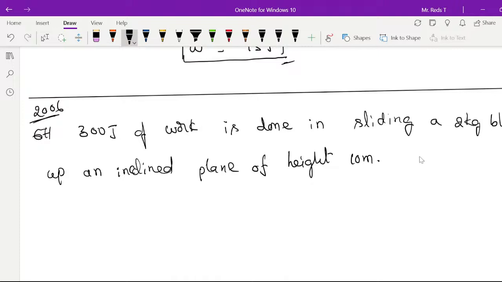Taking g equal to 10 meter per second square.